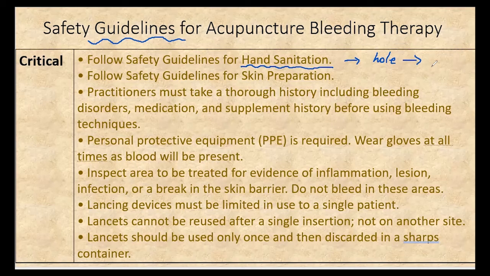So before we do bleeding technique, we need to make sure our hands are clean. We wash our hands first, then put the gloves on, then we do bleeding. We protect both sides: we protect the patient, and we also protect ourselves.